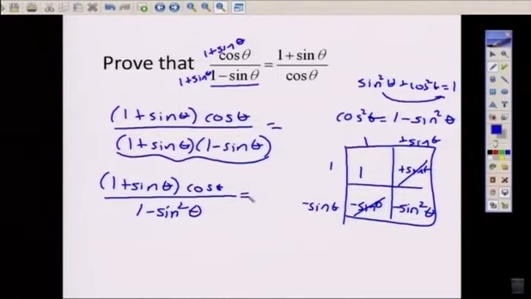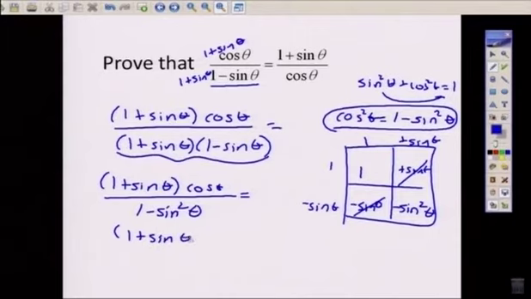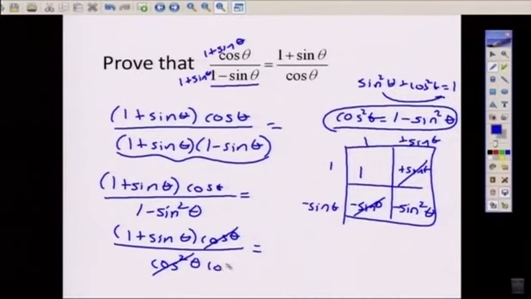But remember that 1 minus sine squared theta is cosine squared. So I'm going to substitute in cosine squared theta. Then if you notice we have a cosine on the top, a cosine squared on the bottom, so I can cancel one of the cosines here with one of them there, but that still leaves me a cosine on the bottom.